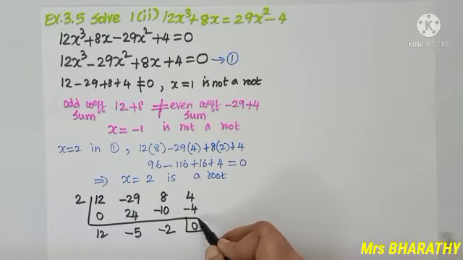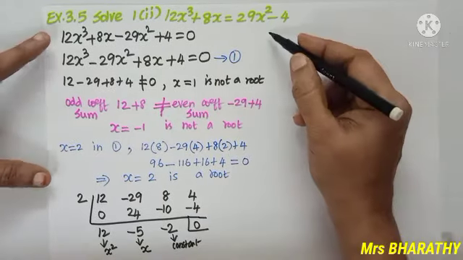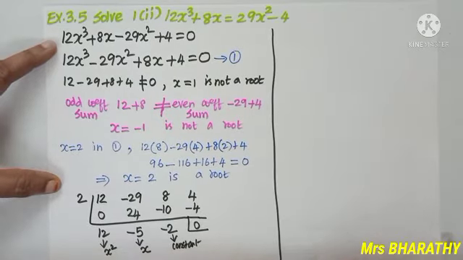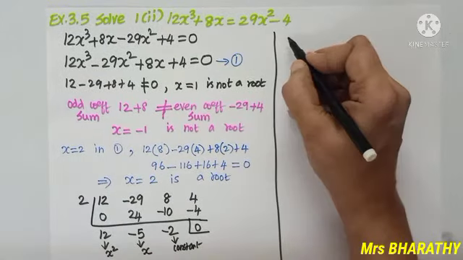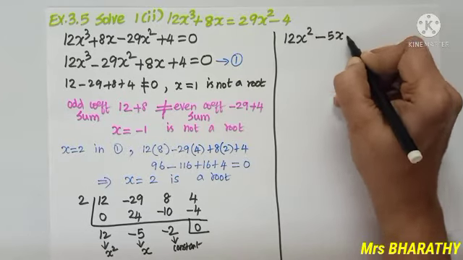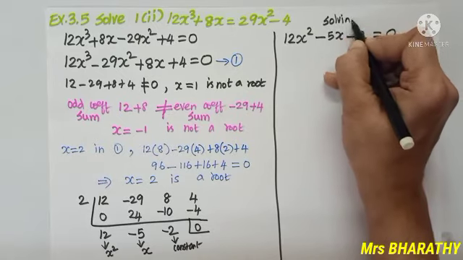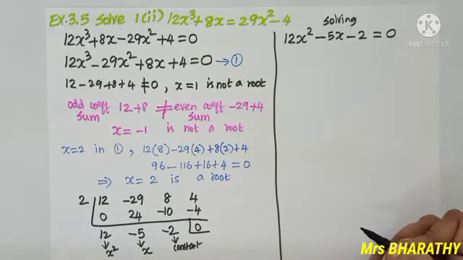I have achieved 0. Now with this I multiply x square, with this I multiply x, and this I will call the constant. So how to write the quadratic factor? Once I identify, I will write 12x square minus 5x minus 2 equal to 0. Let us solve this.